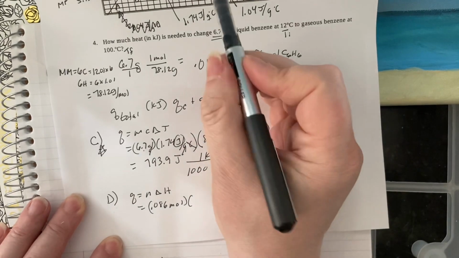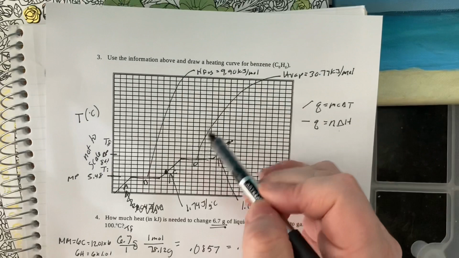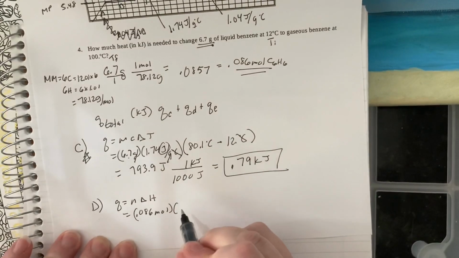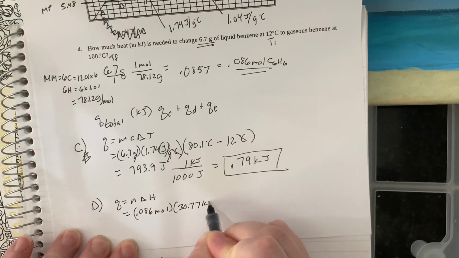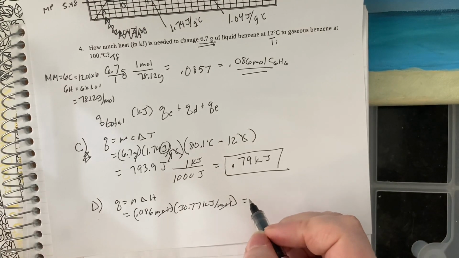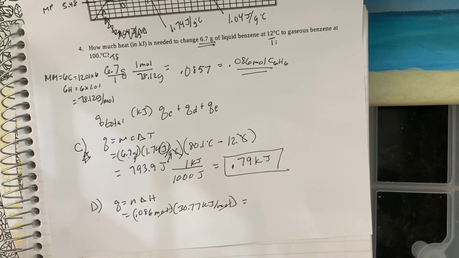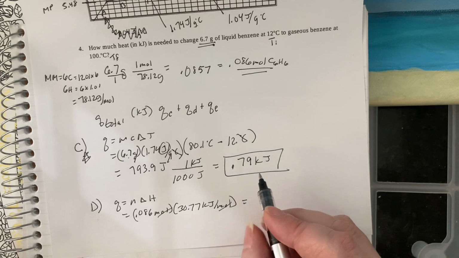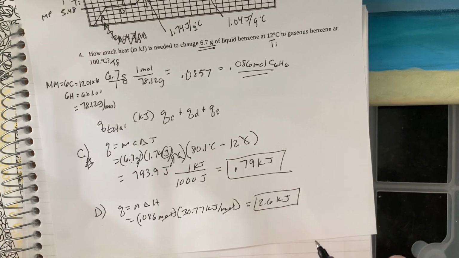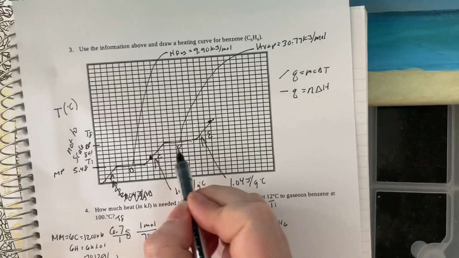My delta H is the heat of vaporization, 30.77. So I'm left with kilojoules, so let's see how many kilojoules. 0.086 times 30.77. 2 sig figs only, 2.6 kilojoules. It's all the heat for step D.